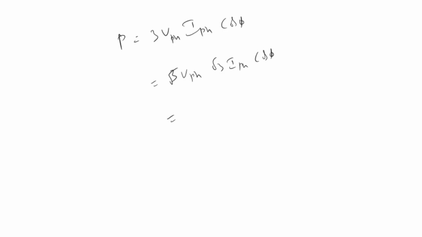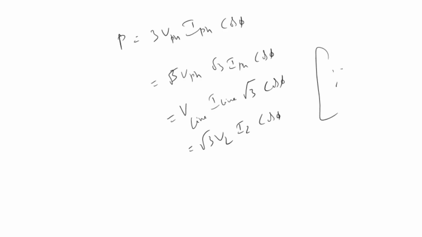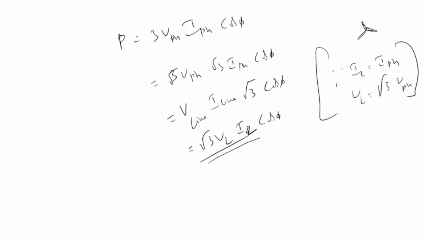Root 3 V phase we can write as V line, so it is root 3 VL IL cos phi. For a star connection, IL equals I phase and VL equals root 3 V phase. This is the expression for power: P equals root 3 VL IL cos phi.